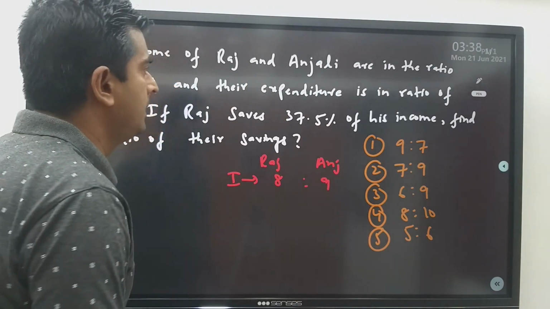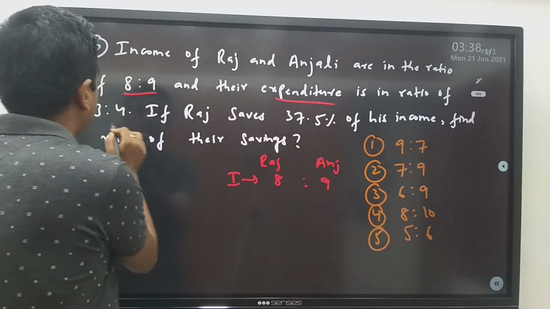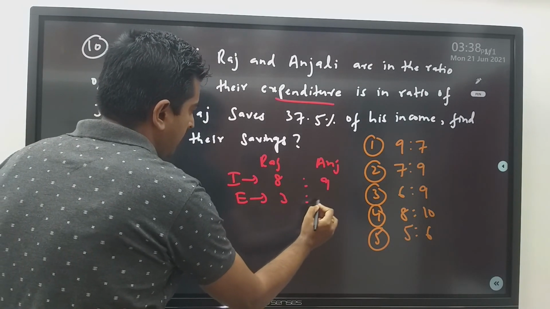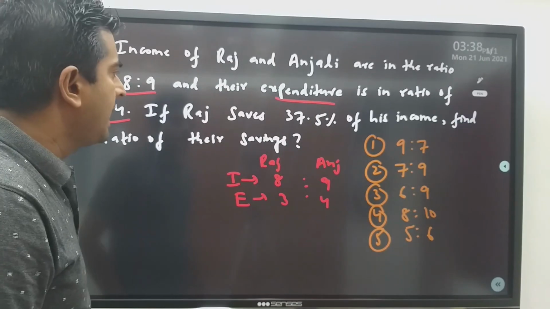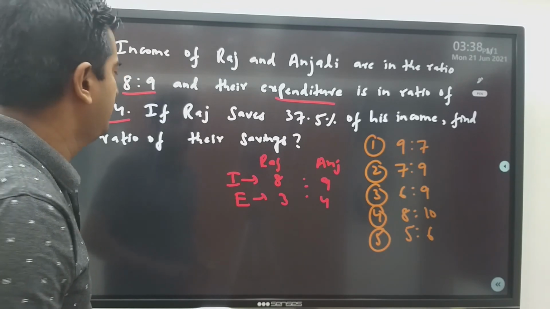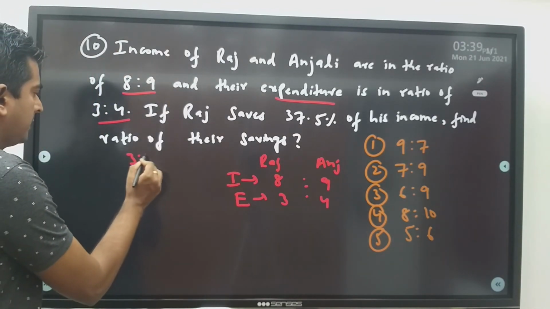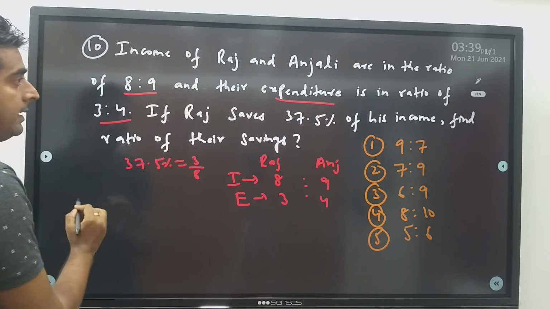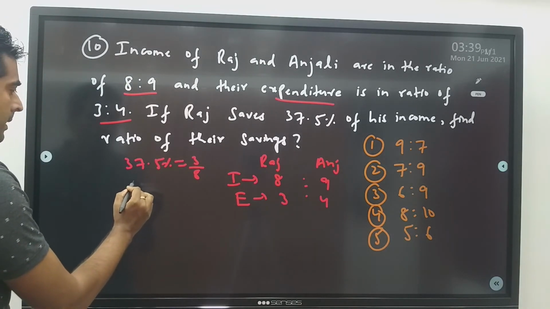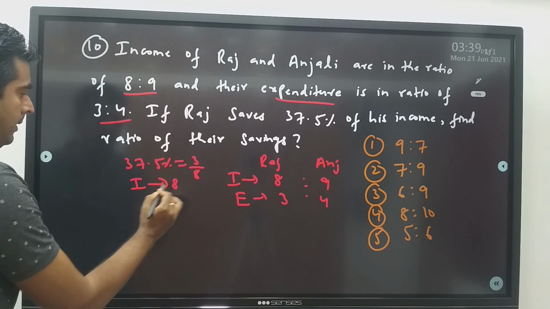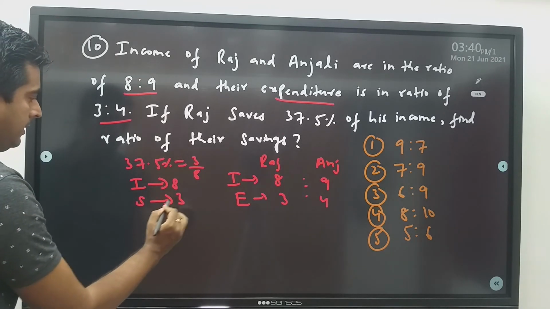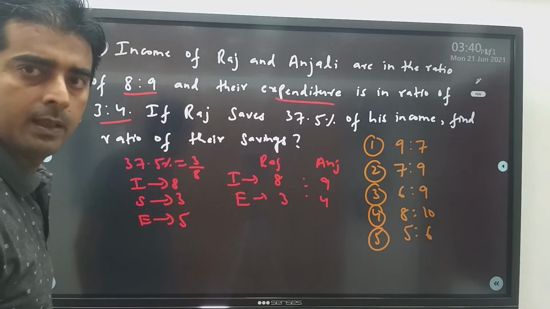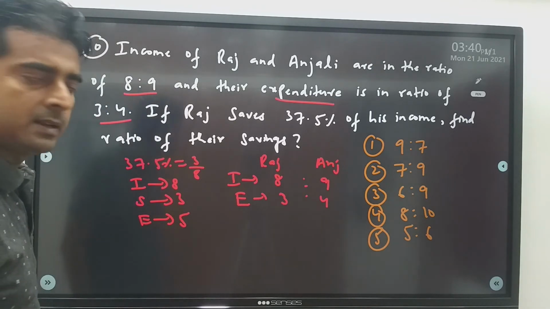Just observe carefully. And expenditure ratio is 3:4.